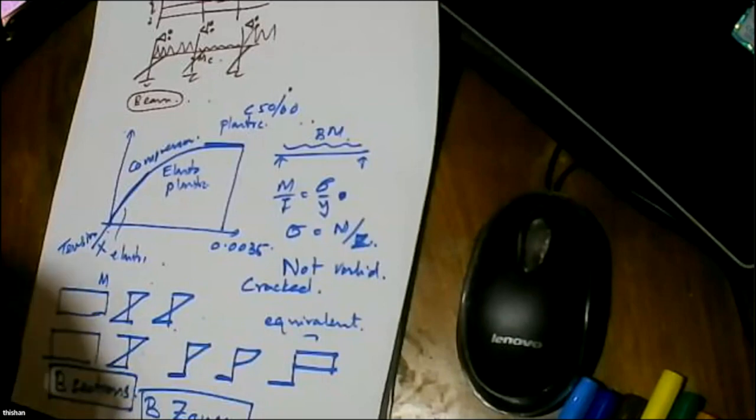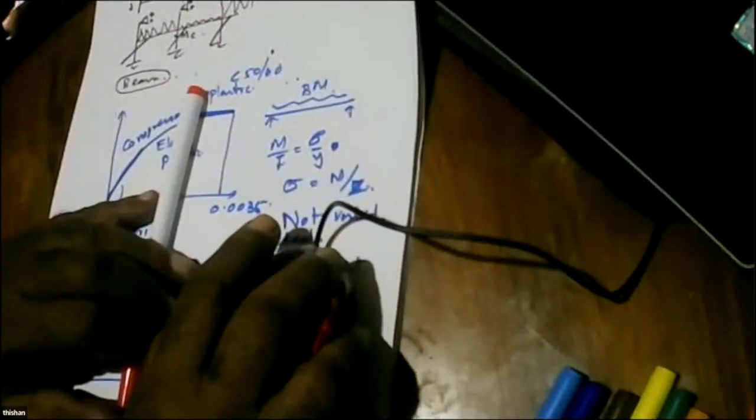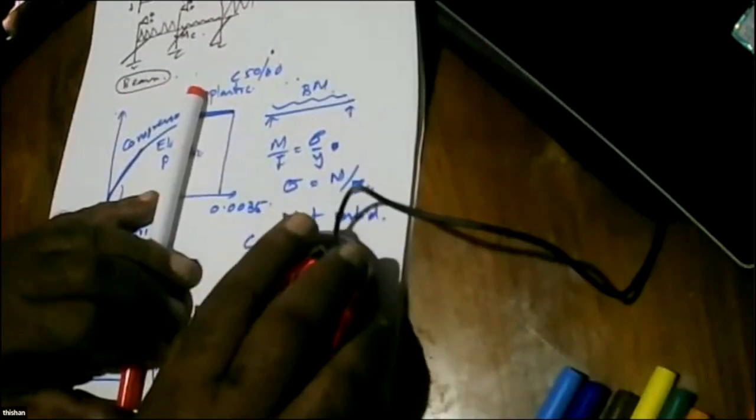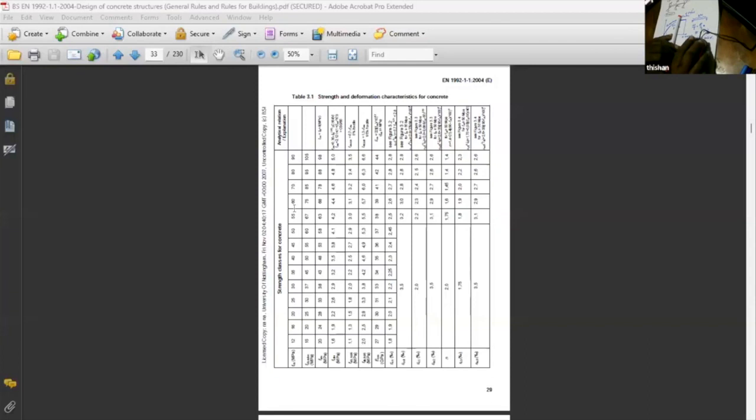Eurocode is very different. It tells you the theory. It allows you to go very high. And if I share the screen, in Eurocode, now you can see it allows you to go up to 105 megapascal cube strength or 90 megapascal cylinder strength.